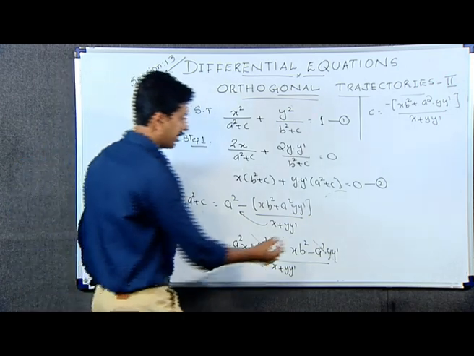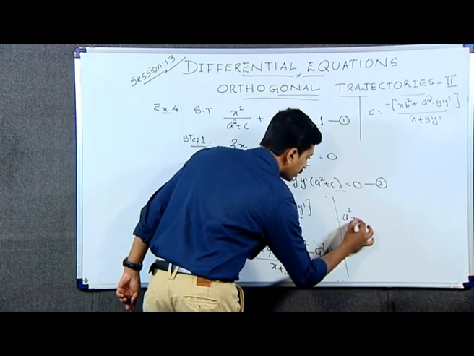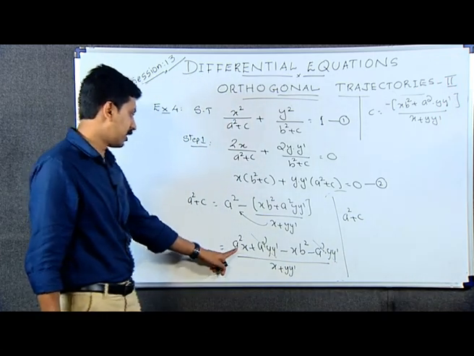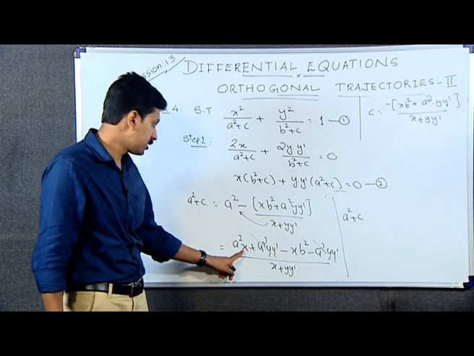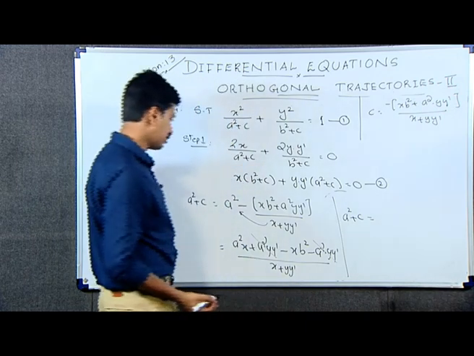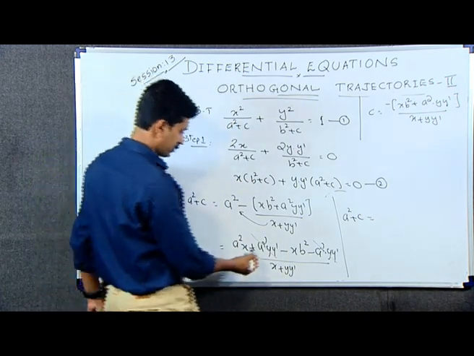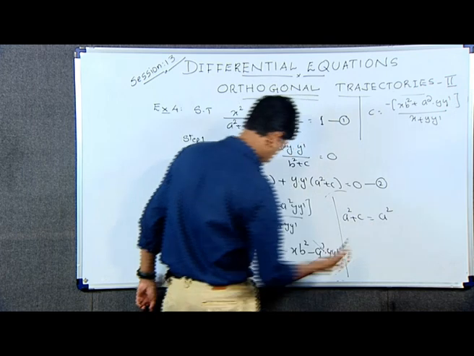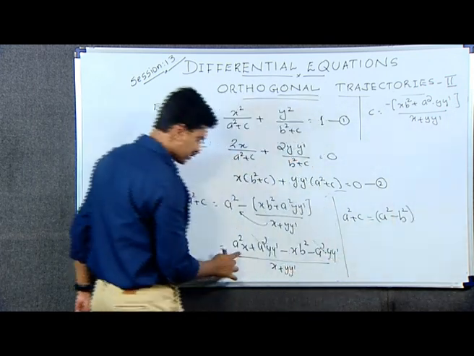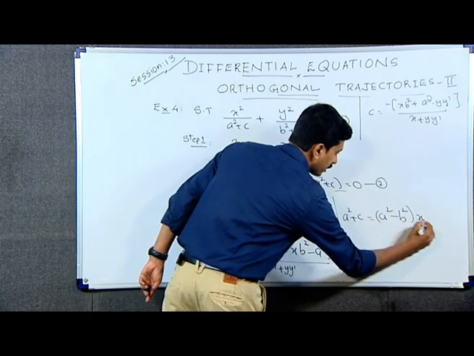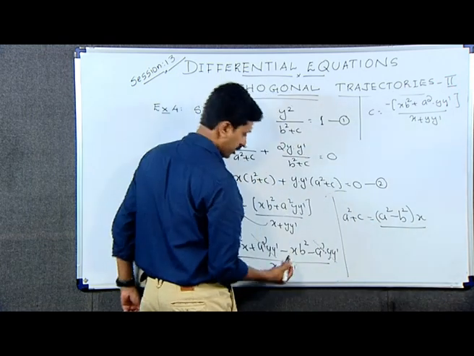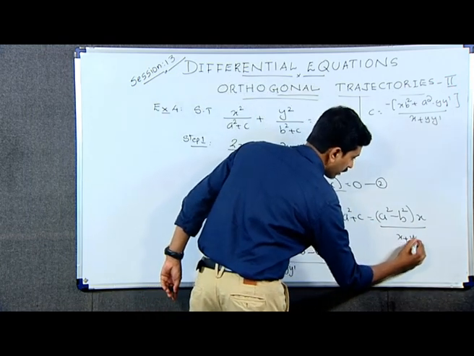Here, plus a square y y dash is there, minus a square y y dash is there. After all, a square plus c is equal to a square minus b square, in both x is common, times x, divided by the denominator x plus y y dash.